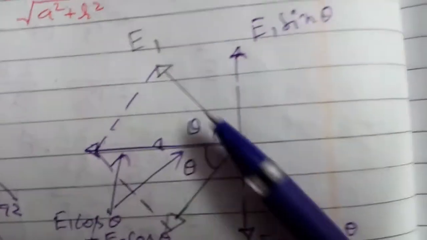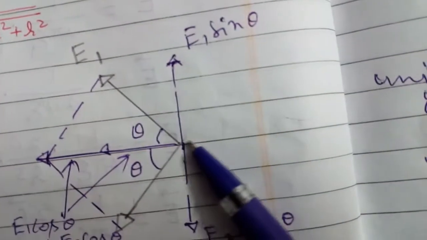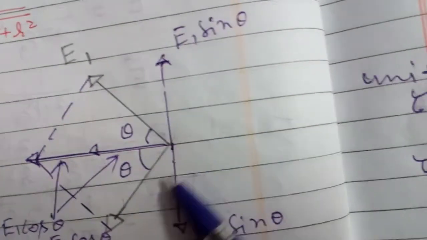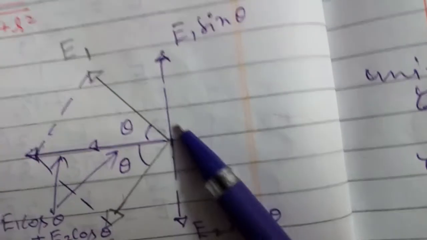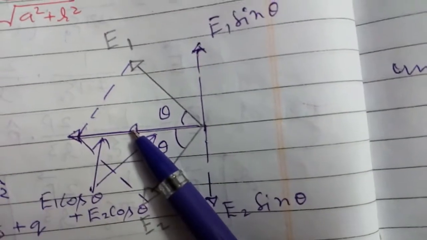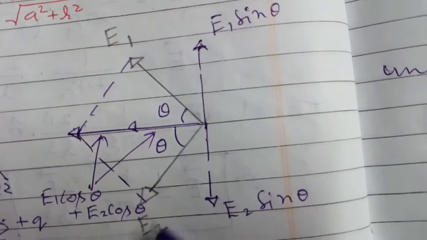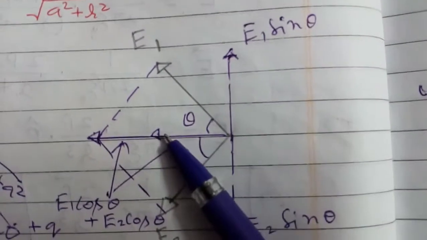So in this diagram, this is E1 and these are its mutually perpendicular components, meaning the resolved parts of E1. One is E1 sin theta, the other is E1 cos theta. Similarly, due to E2, this is E2 sin theta and this is E2 cos theta.